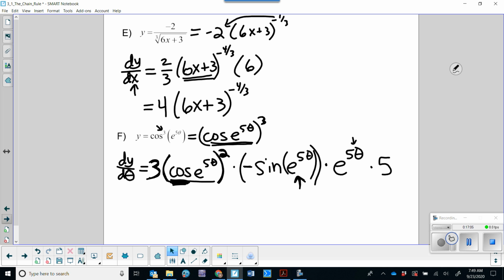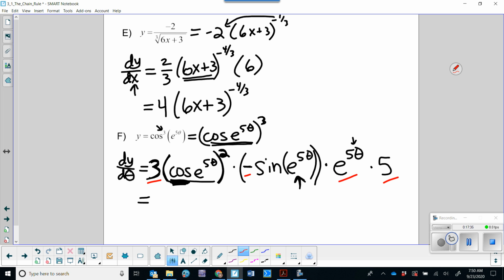So this should be a perfect example for you to see why it's called the chain rule. Okay, so we're just chaining together all those derivatives. Now I'm going to clean it up. So I'm going to put all the like single type things out in front and leave the other stuff at the end. So I'm going to do my 3 and my negative and my e to the 5 theta and 5.